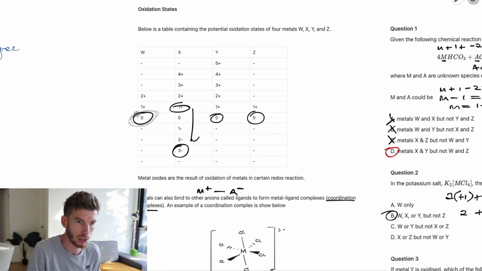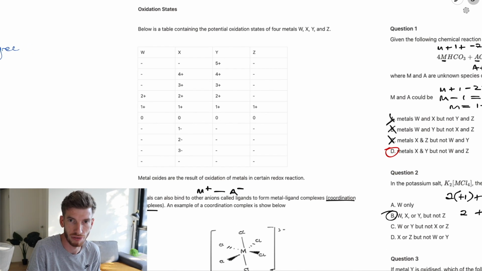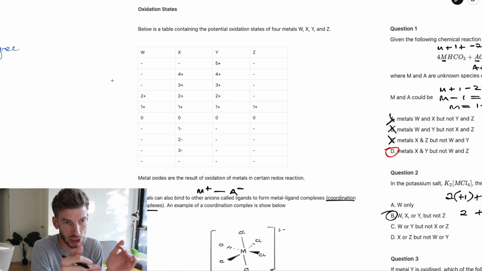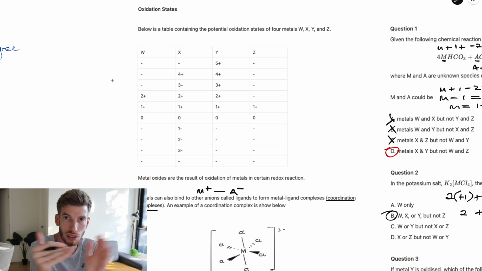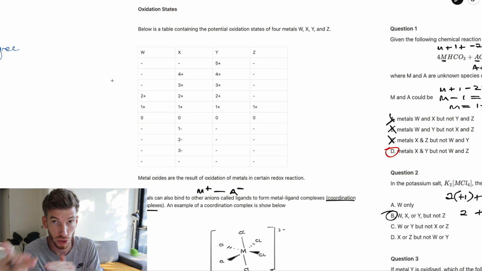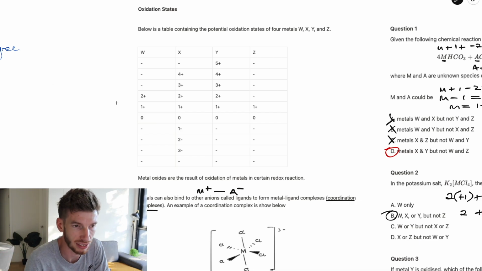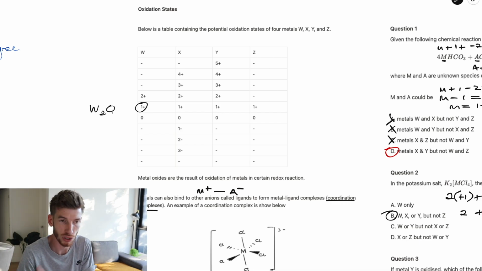So here if we think about how that actually forms, it comes down to the relative proportion or the relative ratio of charge between the metal and the oxygen. So oxygen is always in the 2- state. So if you need to balance it, it's going to have to kind of cross multiply. So if we look at W, if it's in the +1 state, then you would require 2 W's to cancel out the -2 in the oxygen.